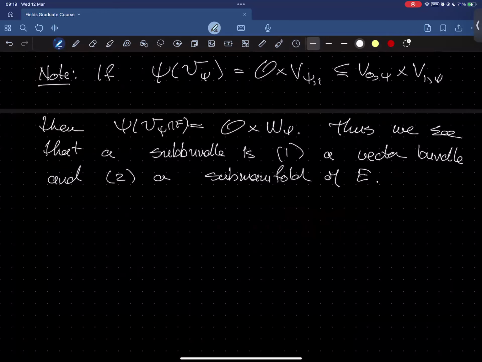So sometimes, but not always, there's an important type of subbundle, and it's what's called split. So a subbundle F of a vector bundle E. Let me leave off regularities here.